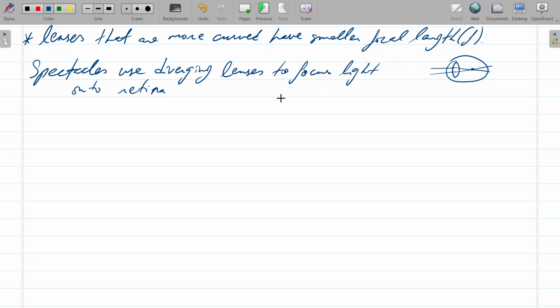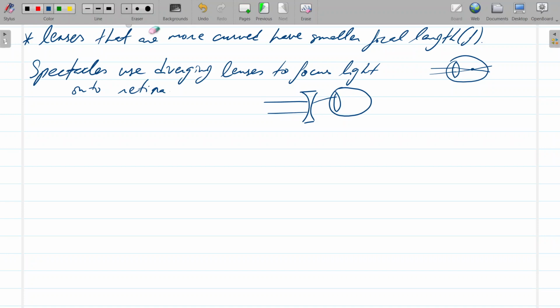And so what happens in that case is you've got a diverging lens, the hourglass thing, and then you've got the eye. Light rays are coming in, they're diverging.